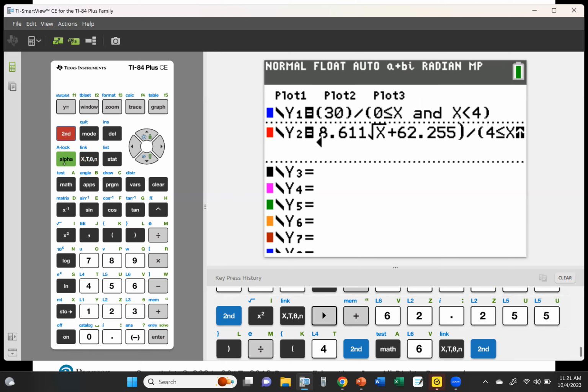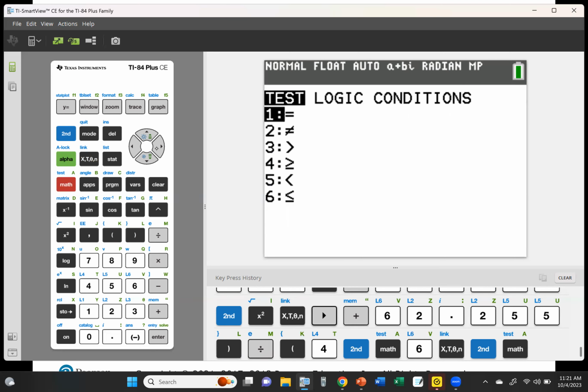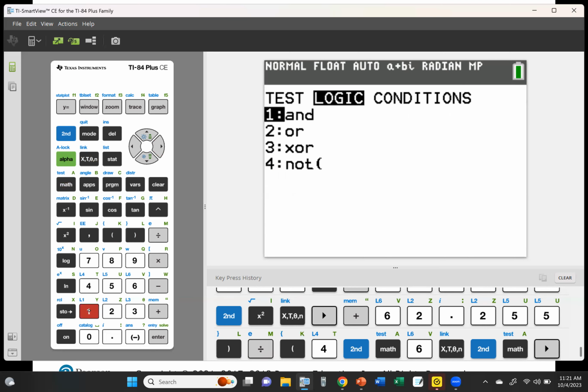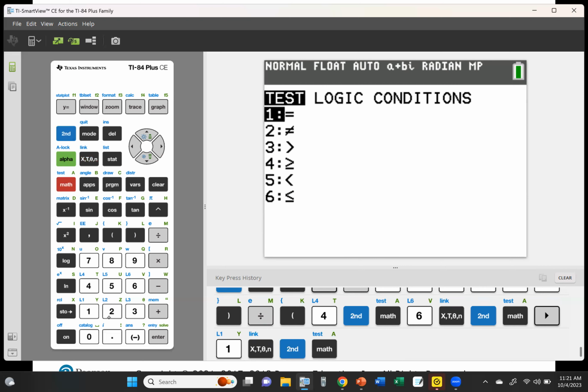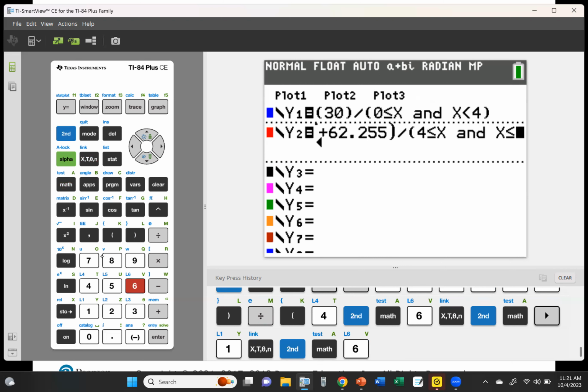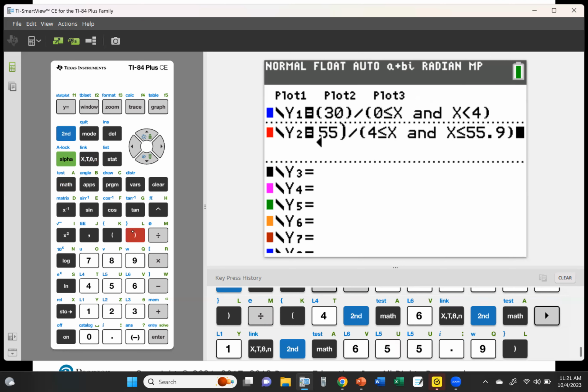Go to the logic menu, second test, logic and. And then x is going to be less than or equal to 55.9, and then close those parentheses. So x is between 4 and 55.9 inclusive.